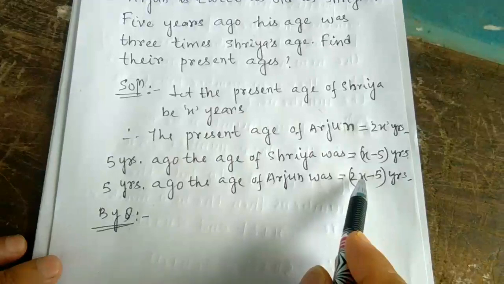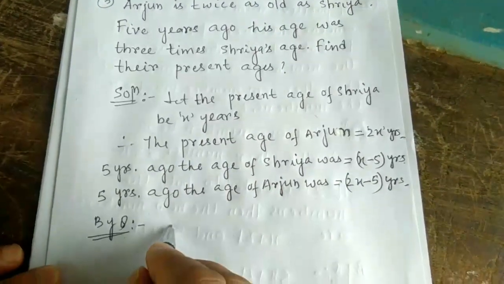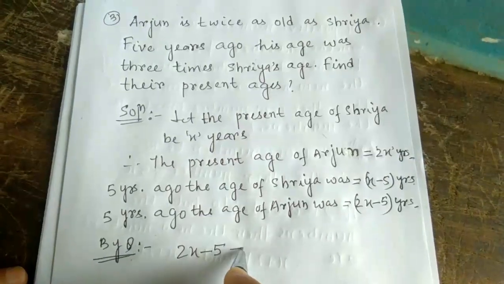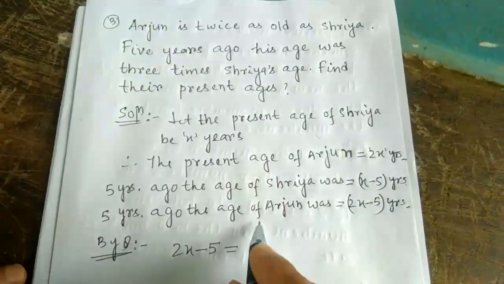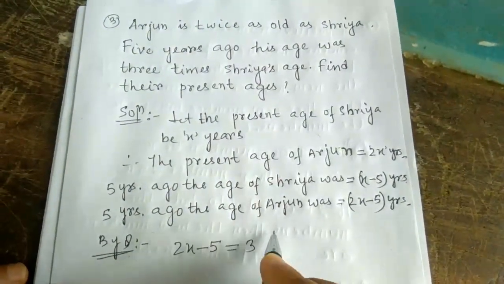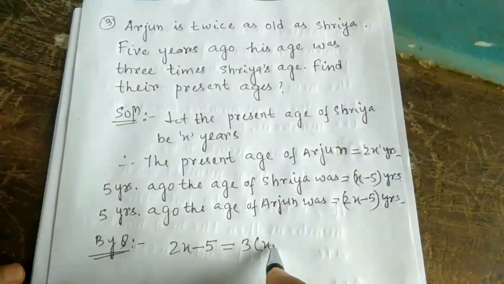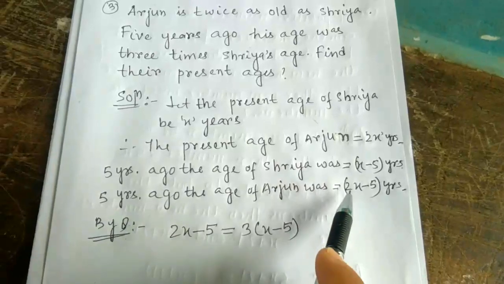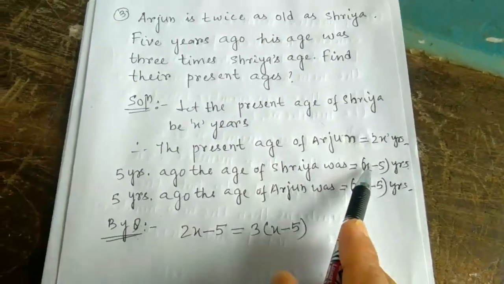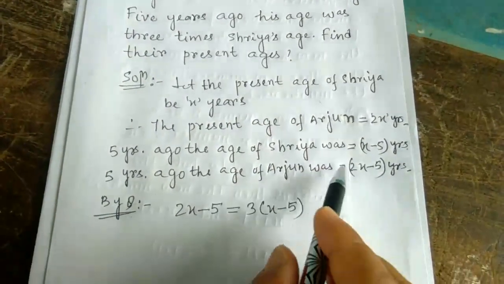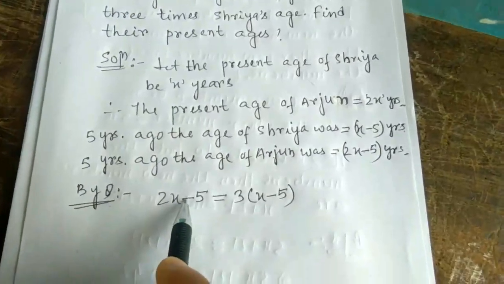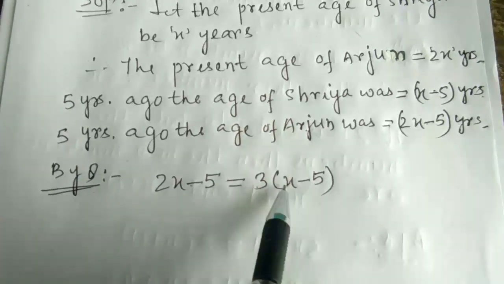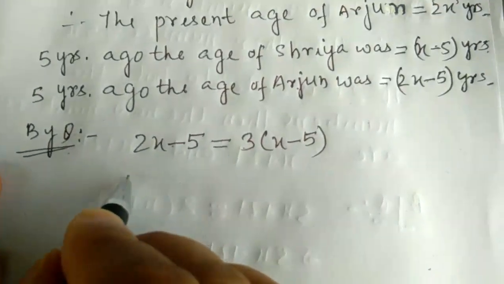So 5 years ago, this is the age of Arjun. 5 years ago, Arjun's age is 3 times Shriya's age. So we will see what their ages were 5 years ago, both of their ages. So 5 years ago Arjun was this much, 5 years ago Shriya was this much. So 5 years ago Arjun is 3 times Shriya. Now solve it.